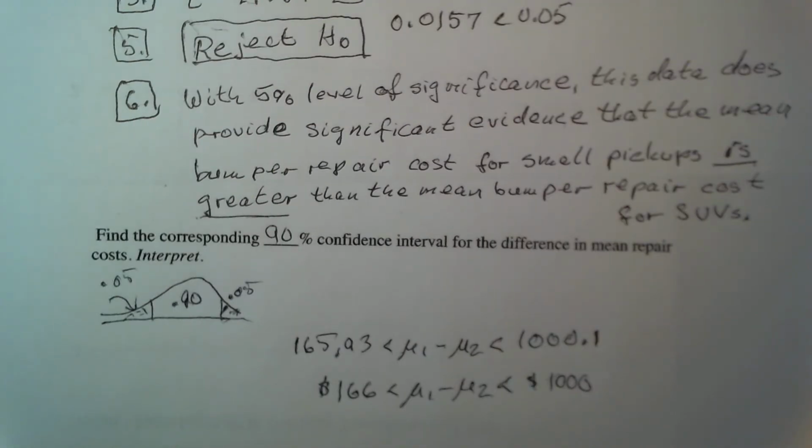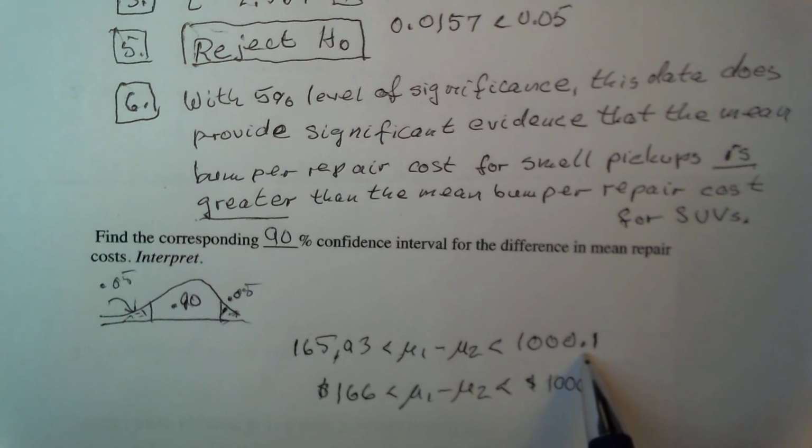Using technology, we find that our confidence interval is from 165.93 to 1001.1. In other words, the difference in mean bumper repair cost is between $166 and $1,000 on average.